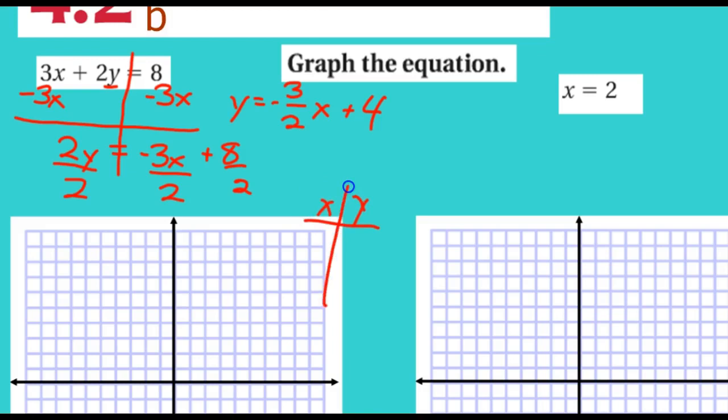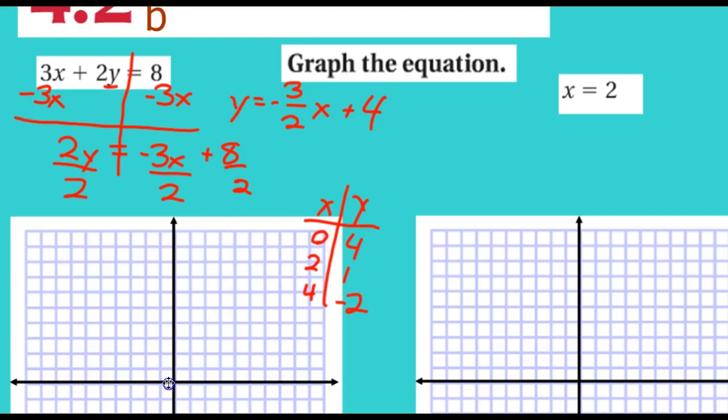I'm going to go 0, 2, and 4. So if I put 0 in for x, I get 0 here, plus 4 gives me 4. If I put 2 in, that means I get negative 3 plus 4, which gives us a positive 1. And then if I put 4 in, I'm going to get a negative 2.